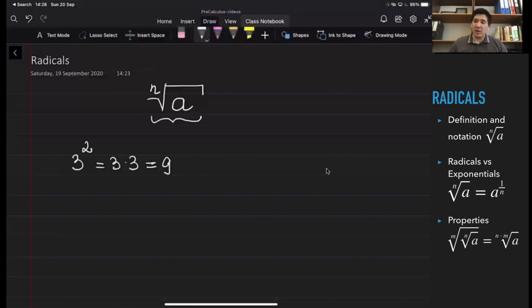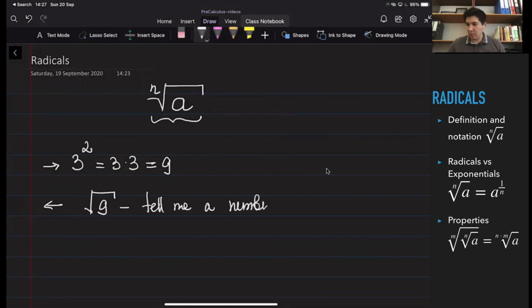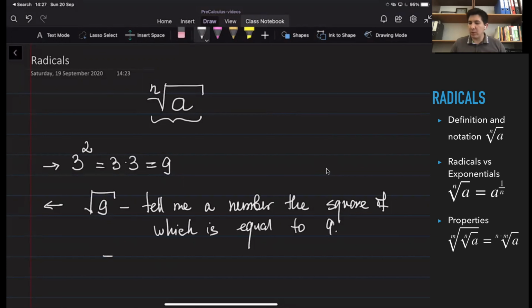And what we would like to do is answer the following question. So this is the forward question, and I would like to answer the inverse question. So what is the square root of 9? In this case, I'm asking you, could you please tell me a number whose square is equal to 9? So the answer is going to be 3.